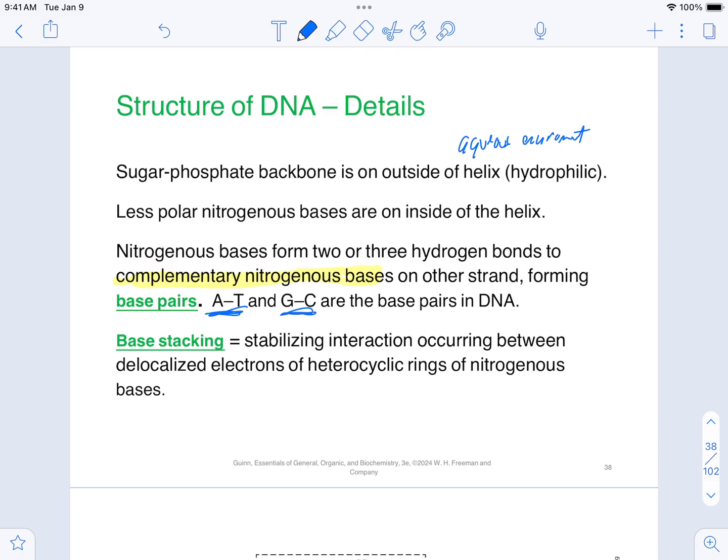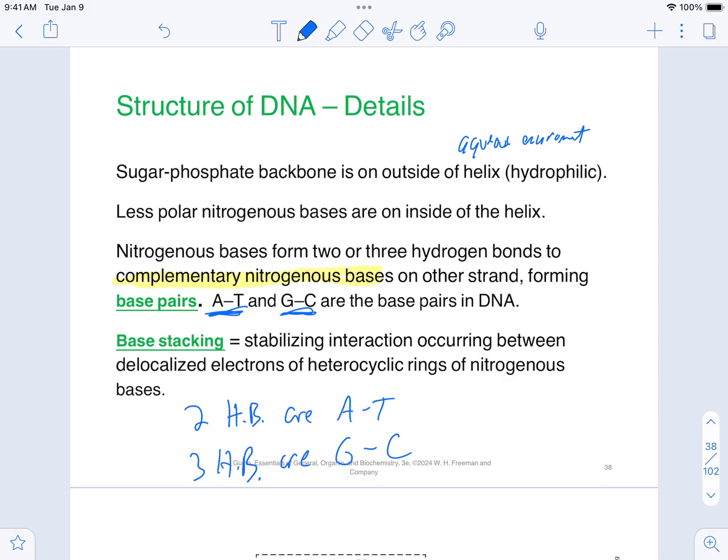Now, the 2 lines for hydrogen bonding are for your A's and T's. So in that previous slide, the 2 bonds, that's A to T. Your 3 hydrogen bonds are for G and C. Something called base stacking is a stabilizing interaction occurring between delocalized electrons of heterocyclic rings of nitrogenous bases.